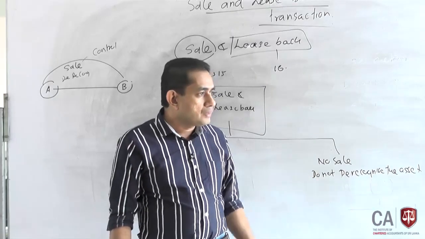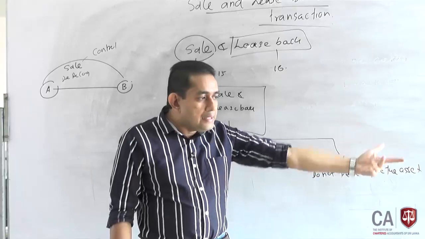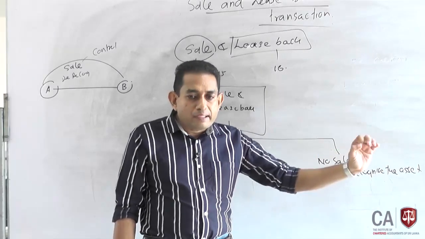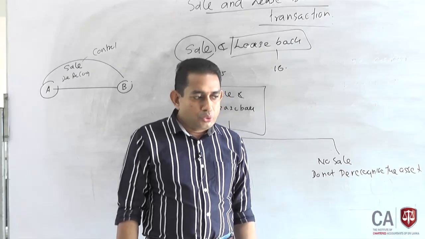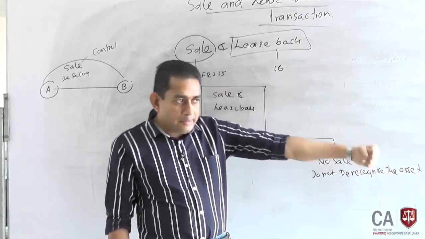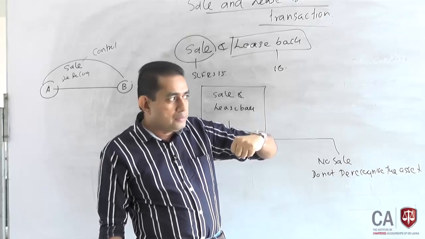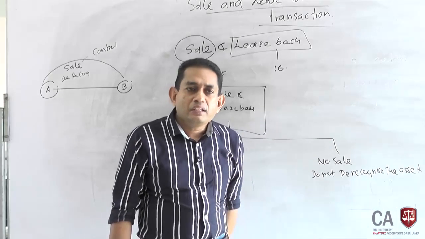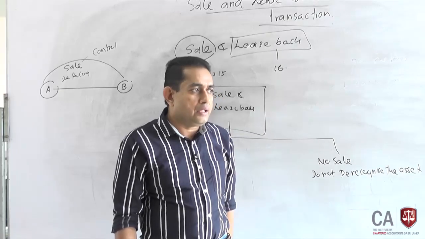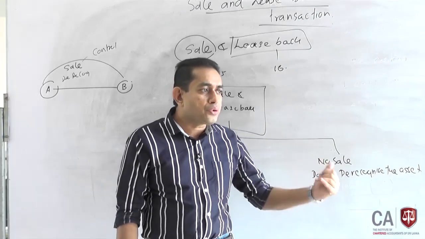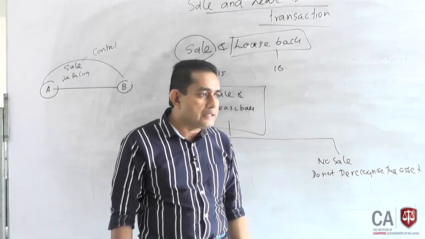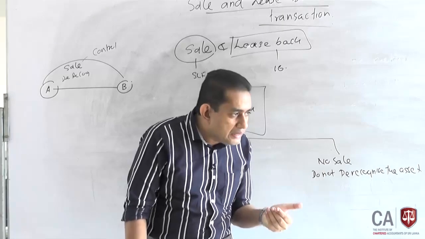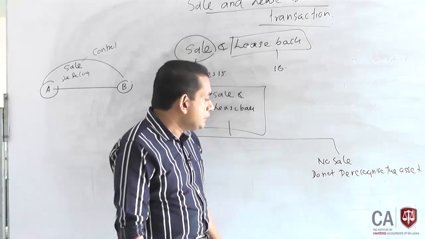Then, legally there is a sale, and you have given the asset to the buyer and reacquired it from the buyer, and the buyer has paid you money. There is no sale as such, because the control is still with the seller. Then how will you do the accounting for the proceeds you received from the buyer?